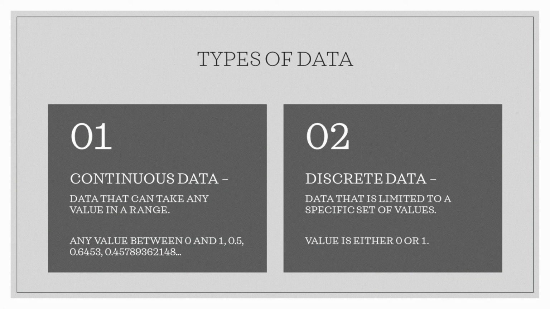And I kind of wrote it out here. I wish I would have thought of that theorem before when I was writing this up, because that would have been a much better example. But anyways, continuous data can take any value in a range. So any value between 0 and 1: 0.5, 0.6453, 0.45789362148. That would be what we're looking at for fantasy points, okay?